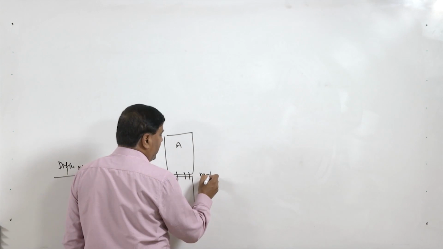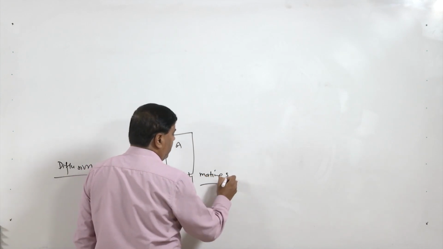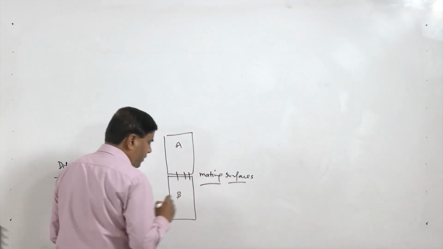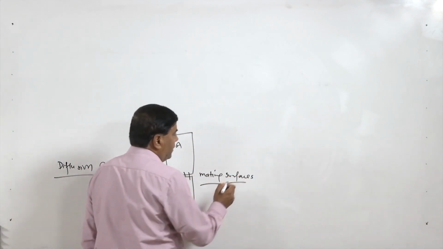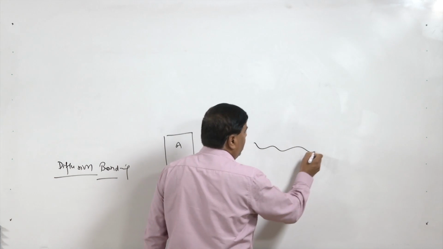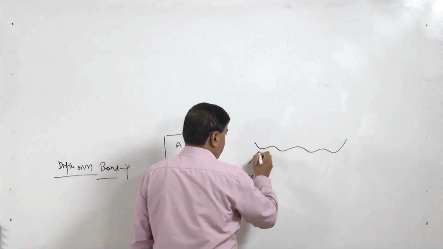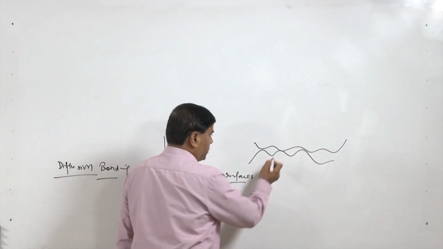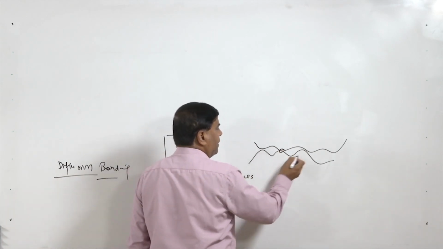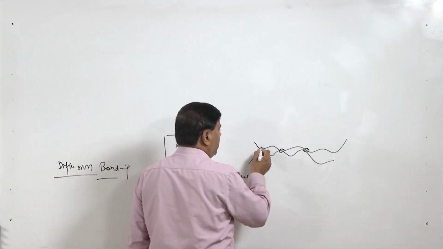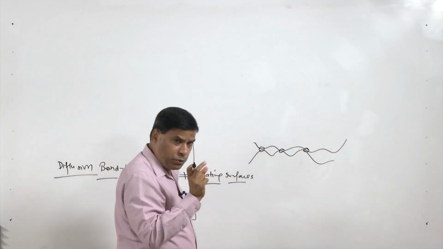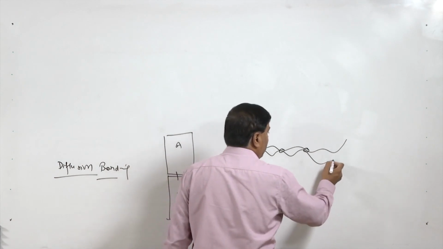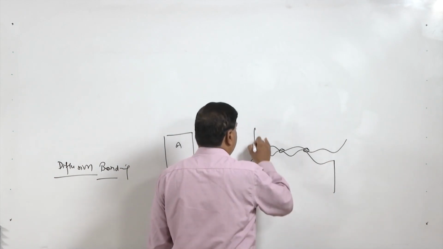So, mating surfaces are first brought in contact. Whenever they are brought in contact, initially contact at the mating surface is very localized. Say contact is here, a little bit here or a little bit here. So, the actual contact area is very small, and metallic continuity is very small right now.